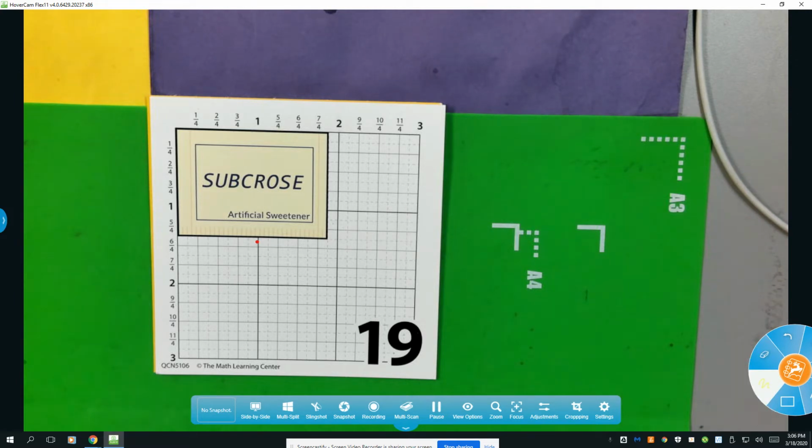I know that this is 1 whole straight through here. And that 1 whole has 8/8. So I can see that it's not going to land directly on 7/4. If I was to go all the way over here from 0 to 1 whole, it's 8/8.